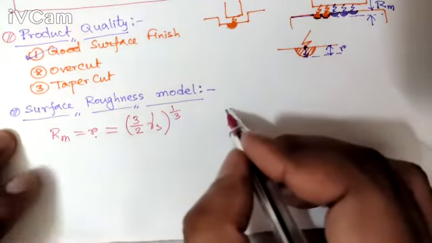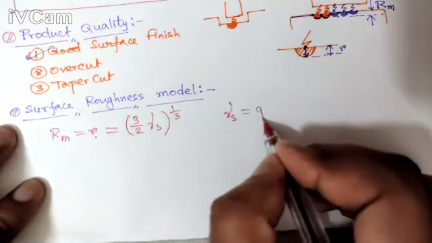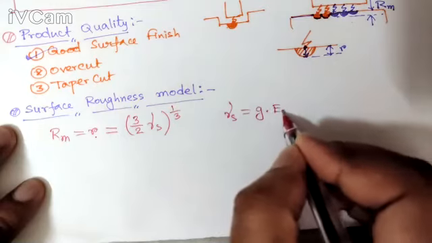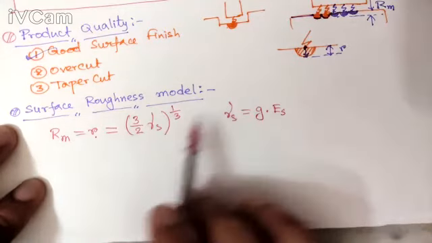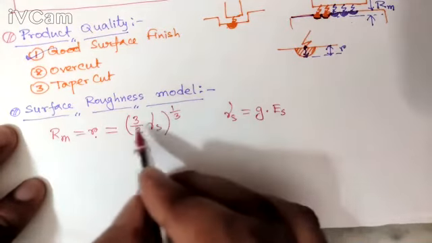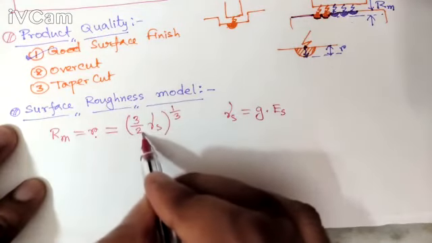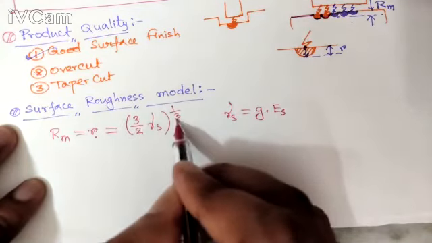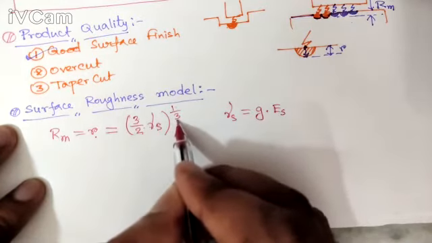We have also studied that gamma s is equal to G into Es, where Es is the spark energy. So R is 3/2 to the power 1/3 multiplied by gamma s to the power 1/3.